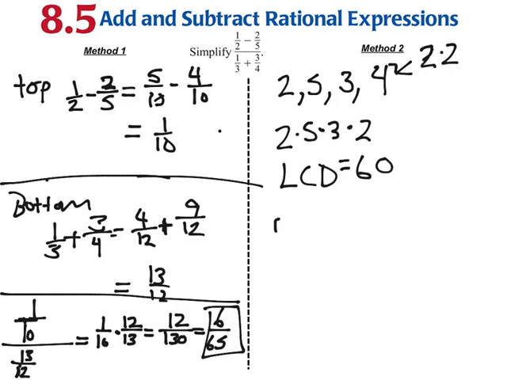So what we end up doing is 1/2 minus 2/5 over 1/3 plus 3/4. And we're going to multiply both top and bottom by 60.